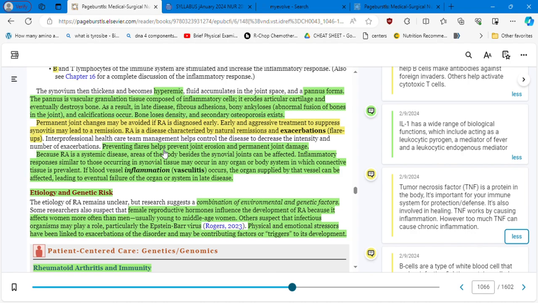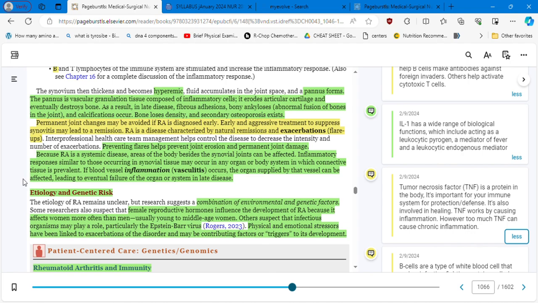Preventing flares helps prevent joint erosion and permanent joint damage. Okay, because rheumatoid arthritis is a systemic disease, areas of the body besides the synovial joints can be affected. Inflammatory responses similar to those occurring in synovial tissue may occur in any organ or body system, meaning that the attack is not going to be only in the synovial joints, but also in any organ or connective tissue, including the eyes, right?